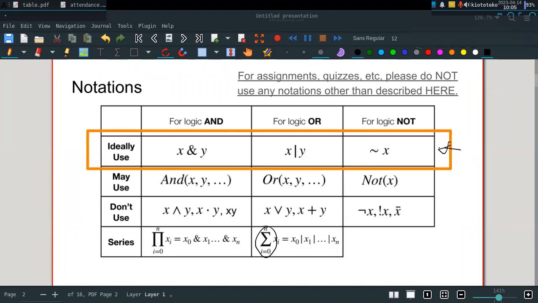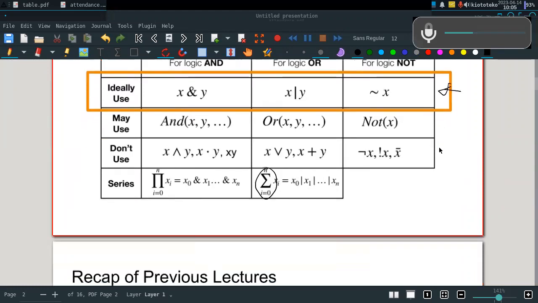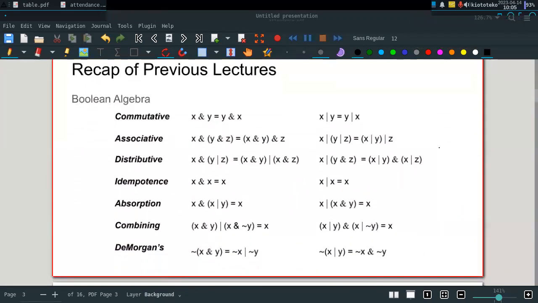Yeah, so let's now go to the recap of the Boolean algebra properties. These are very useful because through them we will be able to reduce any complex Boolean expression.